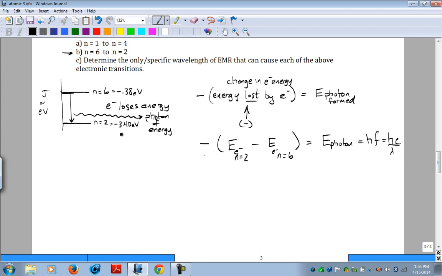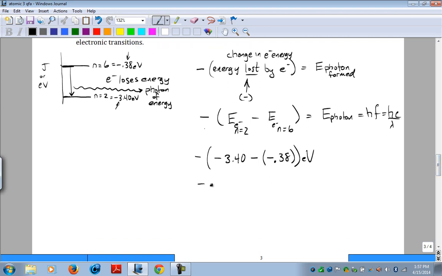So looking up the numbers on the chart, we have the electron energies for the second and sixth levels respectively, and we plug them in. Negative 3.40, that's the second level, minus, I'll put the unit after the parentheses, negative 0.38 electron volts.